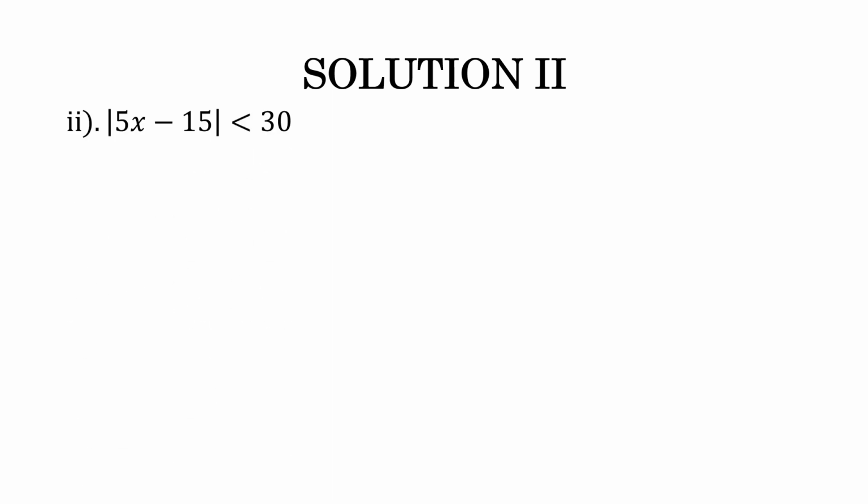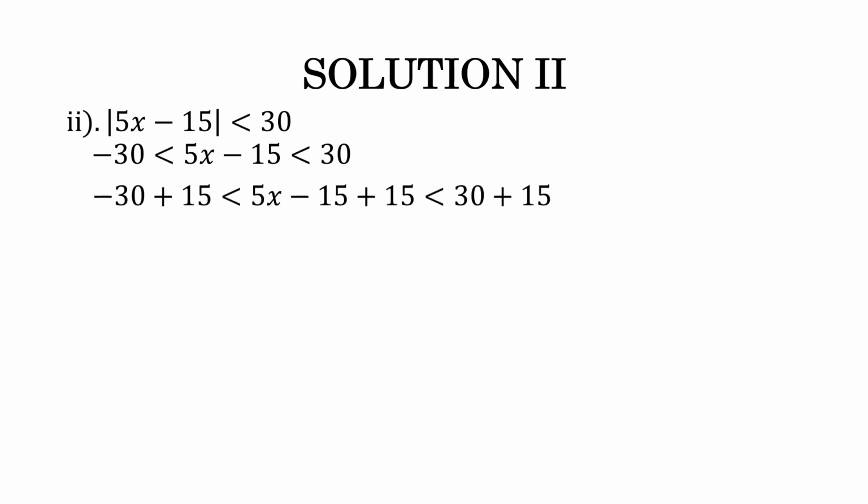Now let's try the second one. You can see it's an inequality. As we said earlier, it could be either negative 30 or 30. Negative 30 is on the far left, meaning it's less than. So we can say negative 30 is less than 5x minus 15, which is also less than 30, right?